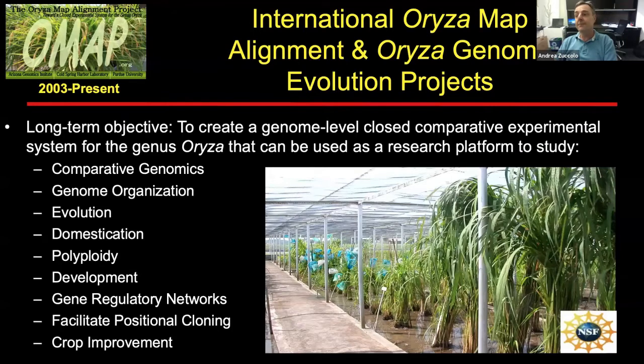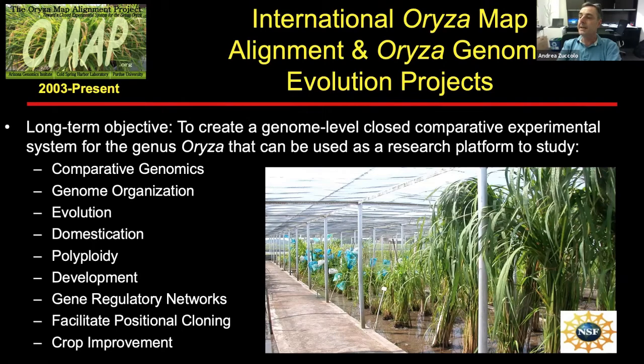Not just that, but for Oryza, a huge amount of very valuable genomics data is available, produced over the years in the frame of some ambitious research efforts set up and coordinated by Professor Wing. I'm talking of OMAP, the Oryza Map Alignment Project, that then became I-OMAP, International OMAP, because many groups from around the world joined these efforts, and also OGE, Oryza Genome Evolution.